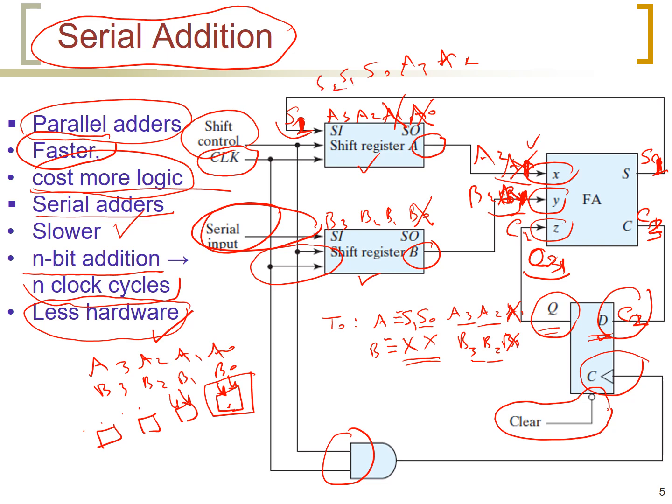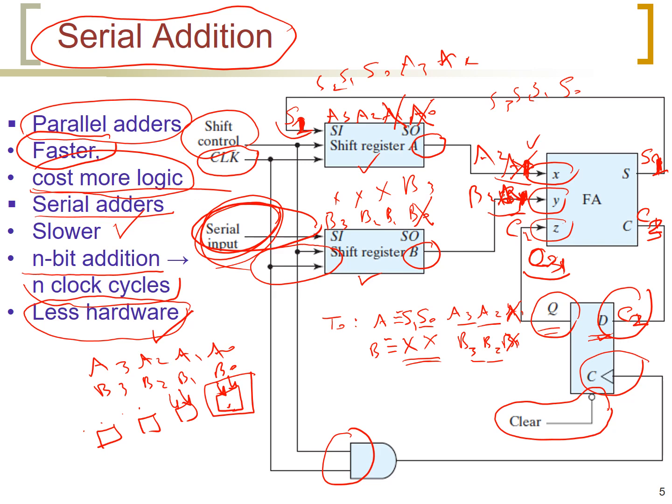And B will contain B3 and whatever was input through the serial input. Finally, at the fourth clock pulse, A will contain S0, S1, S2, and S3, and B will contain 4 new inputs that we can possibly add with the sum if we want. So this explains completely the serial addition operation.